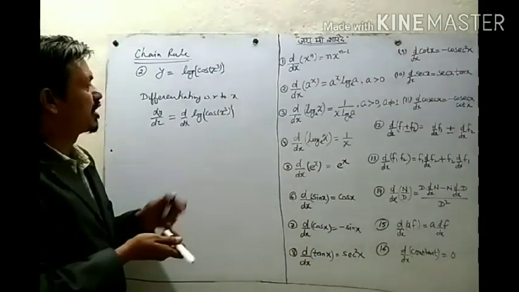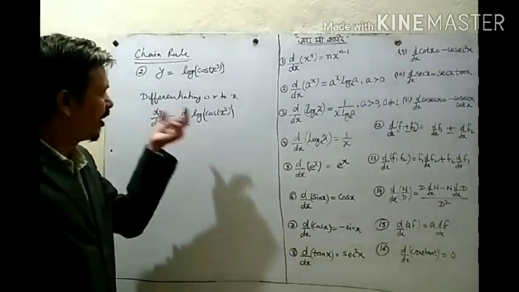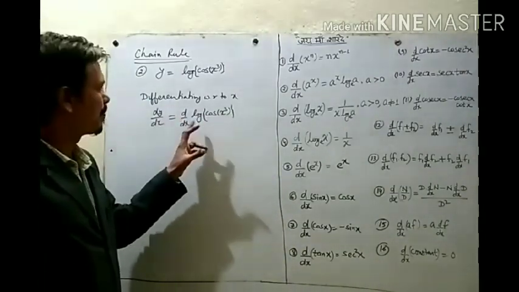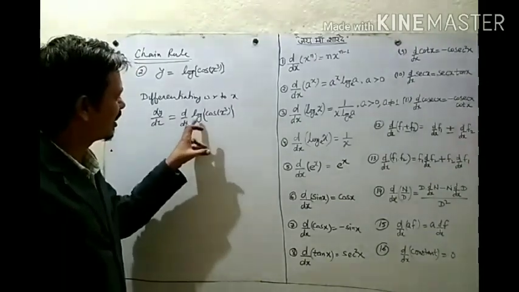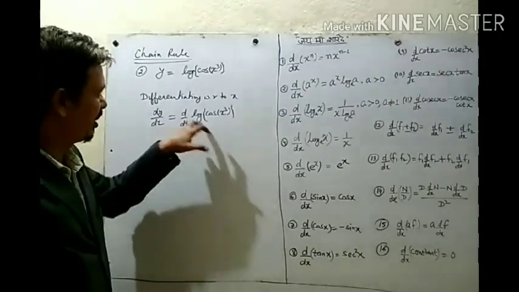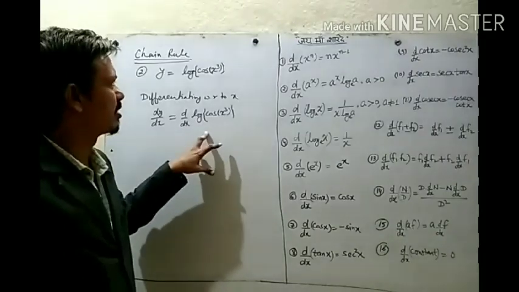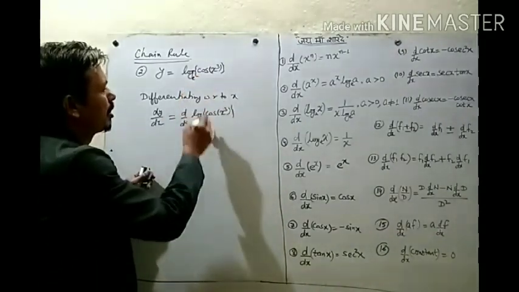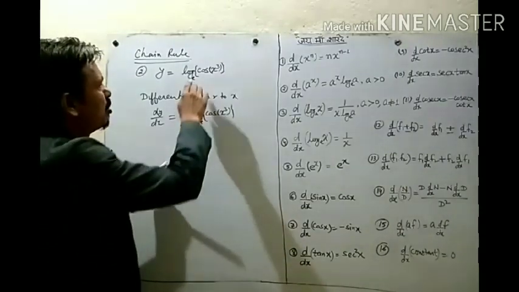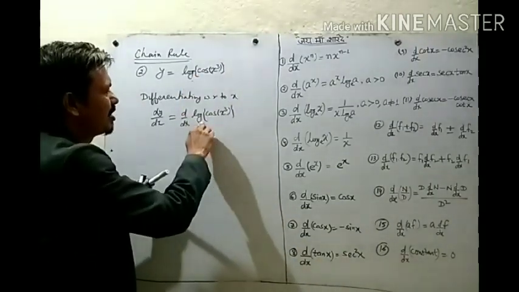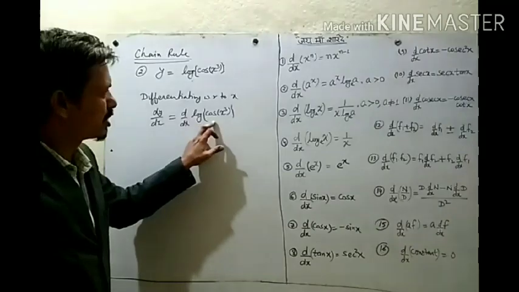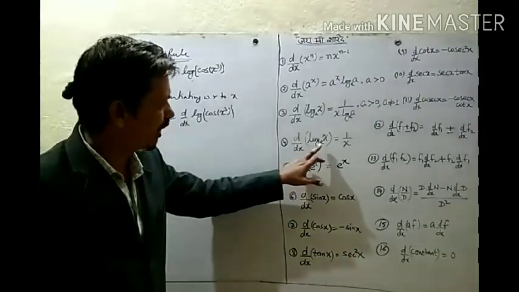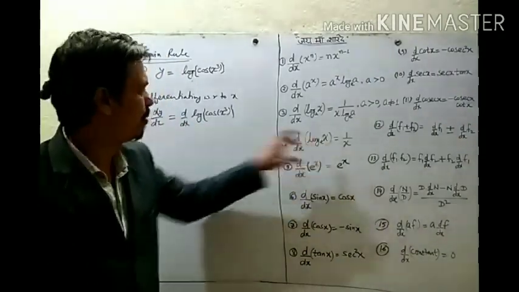Now this function starts with log, so it is in the form of log x. Wherever the base is not given, it is understood the base will be e. So it is log x to the base e, and this formula can be applicable here.